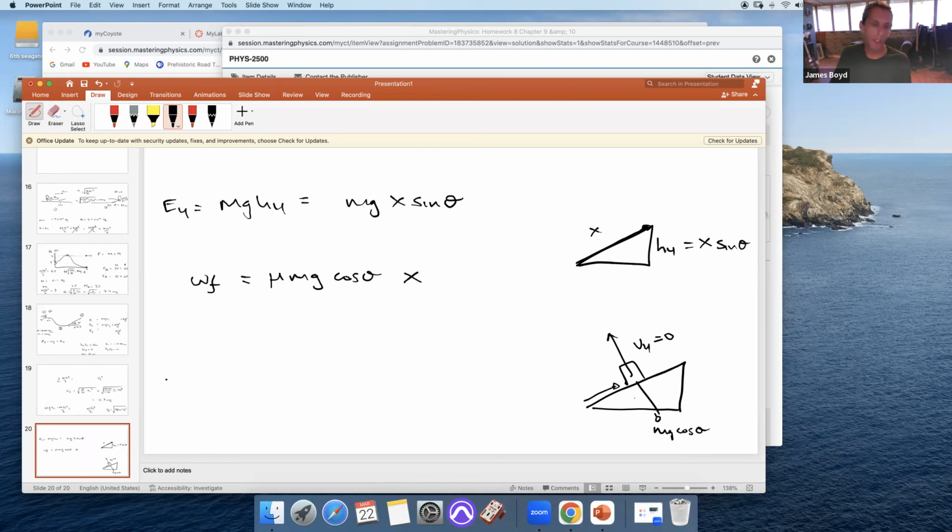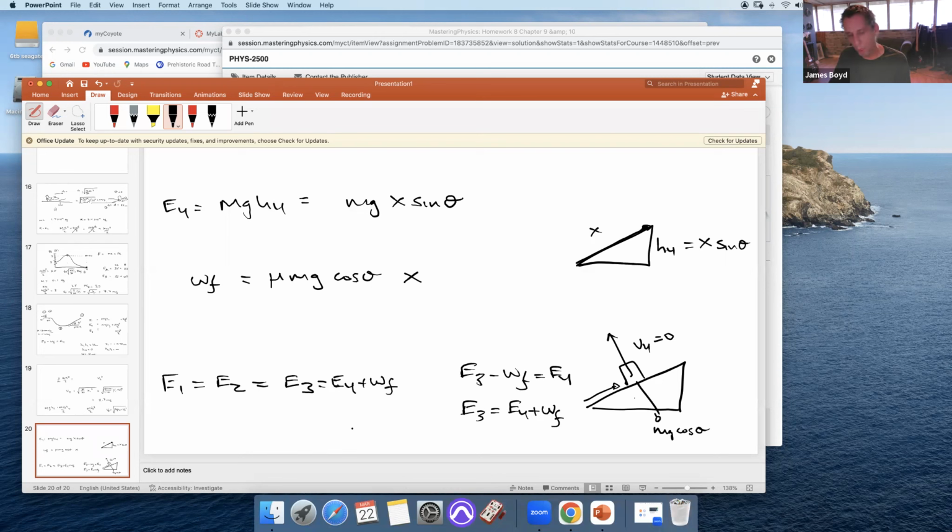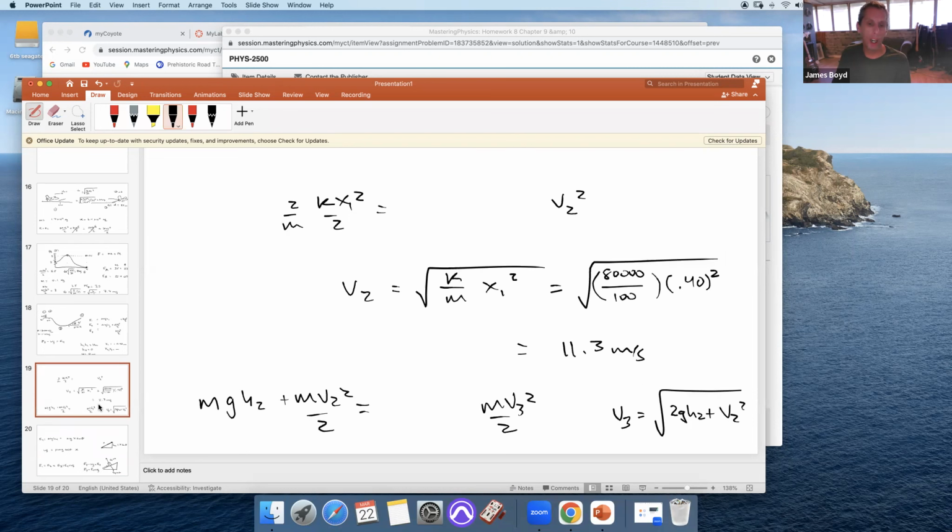terms of x. So E1 is equal to E2 is equal to E3, but E3 minus work of friction is equal to E4, or E3 is equal to E4 plus the work of friction. So I'm going to write it as E4 plus the work of friction.